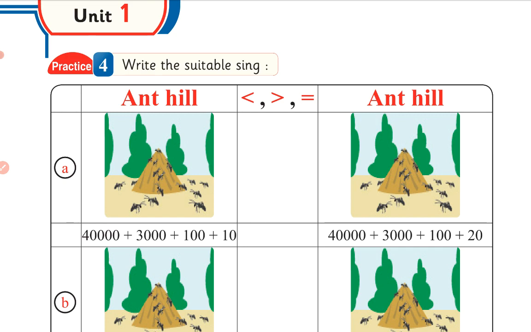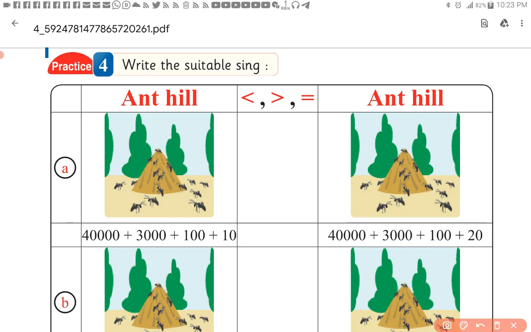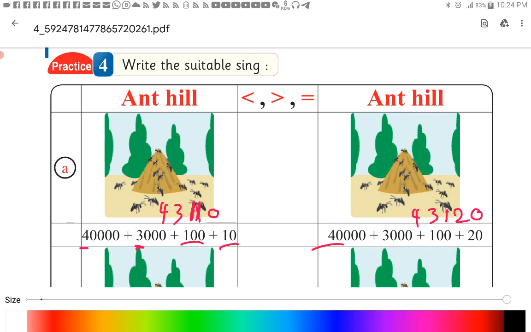Write the first number: 0 in units place, 1 in tens place, 1 in hundreds, 3 in thousands, and 4 in ten thousands. For the second: 0 in units, 2 in tens, 1 in hundreds, 3 in thousands, and 4 in ten thousands. Then compare. Both are 5-digit numbers. From the left: 4 and 4, 3 and 3, 1 and 1, then 1 and 2.